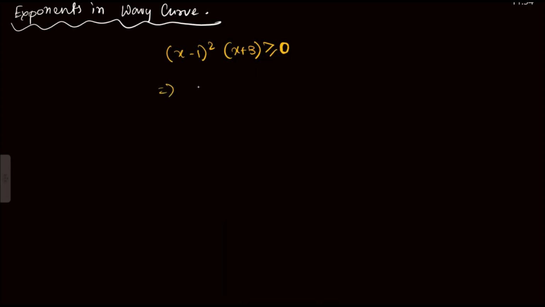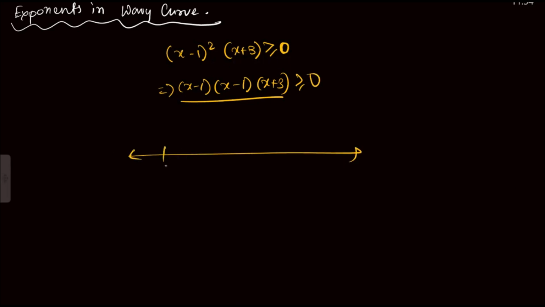We'll write it in a way: (x minus 1) into (x minus 1) and (x plus 3). We take the number line with 1, 1, 3.